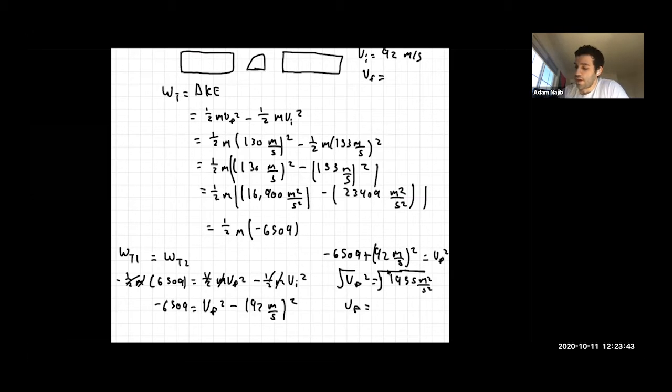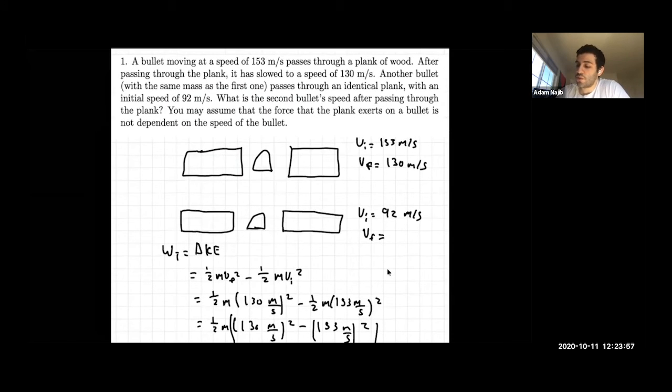So I can tell that VF is equal to the square root of 1955, which is equal to 44.215, but we do have to take sig figs into account. Looking back at my original question, I have 153 meters, 130 meters, and 92 meters.